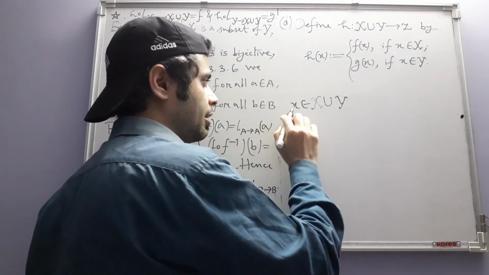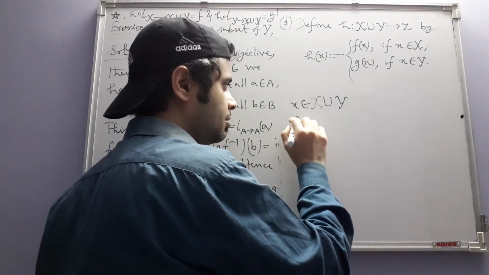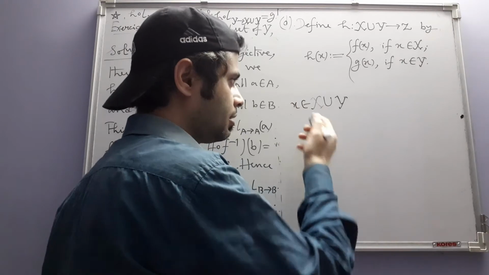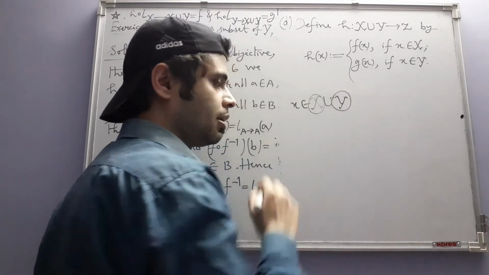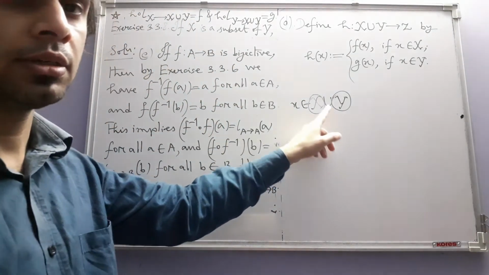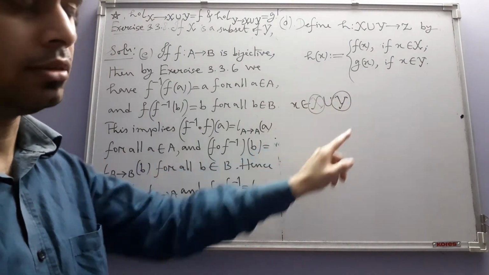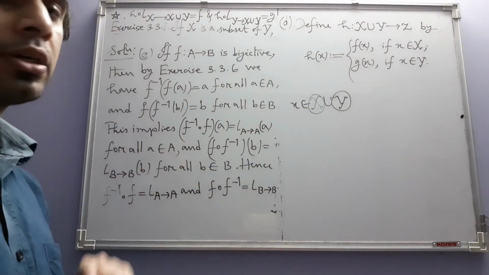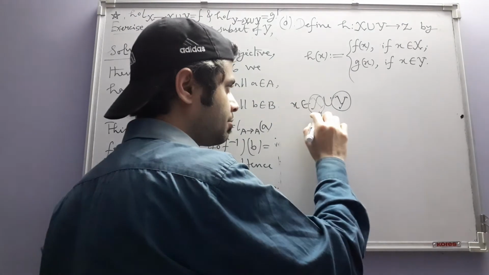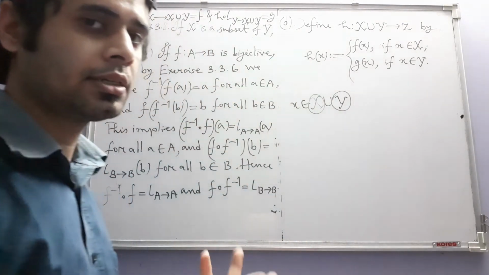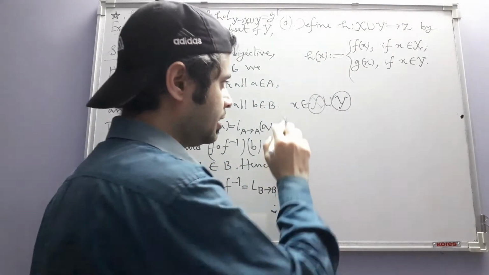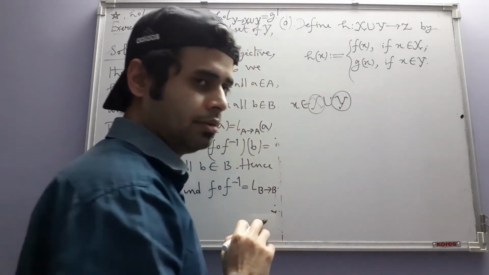Now note the fact that this x will be in either capital X or capital Y. Being in their union, it will be either in X or Y. But this is important that it cannot be in both X and Y because X and Y are disjoint. So it will be in exactly one of them.